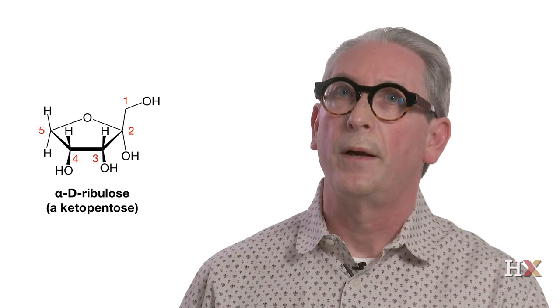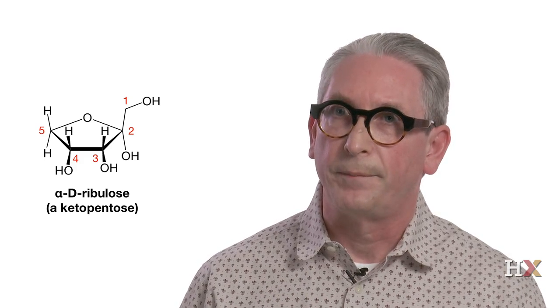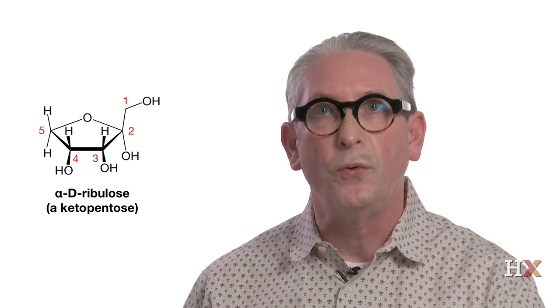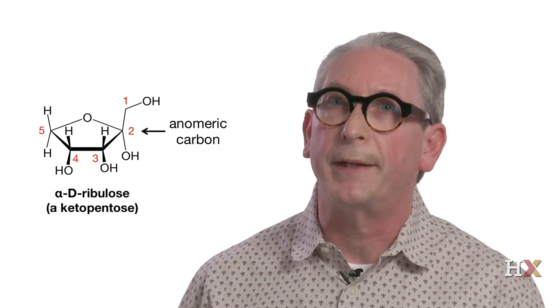Yes. Remember that they can form a hemiketal. So for example, in a pentose, the hydroxyl group carried by the carbon 5 can react with the carbon 2 that carries the ketone group to form a cyclic structure. In this case, the carbon 2 will be defined as the anomeric carbon.